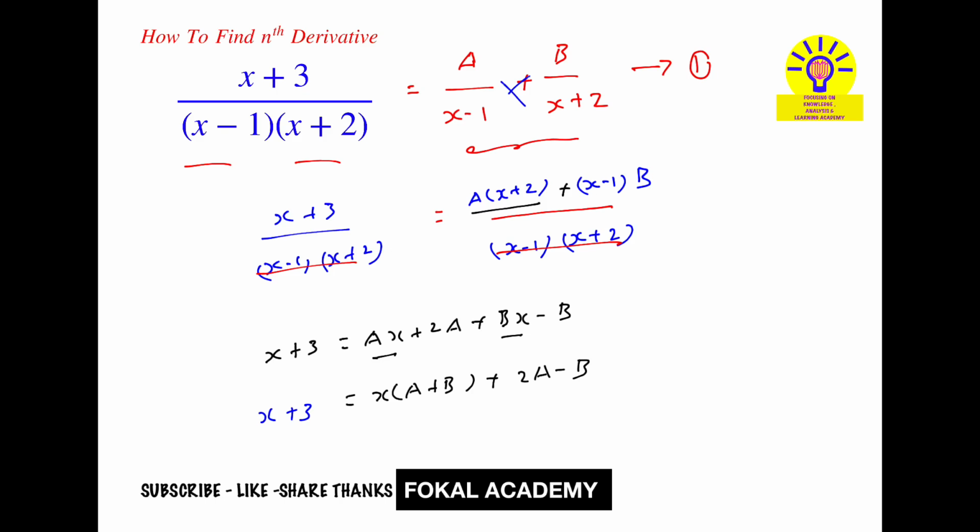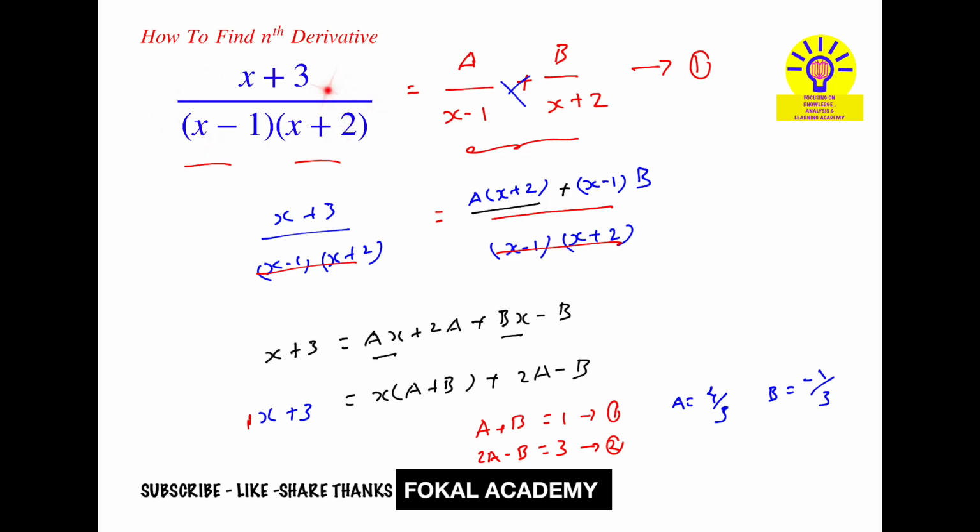Now by comparing LHS and RHS, the x coefficient is A + B, that is A + B = 1. Now the constant, that is 3 = 2A - B. Consider this as equation 1 and this as equation 2. By simplifying 1 and 2, we get A = 4/3 and B = -1/3.